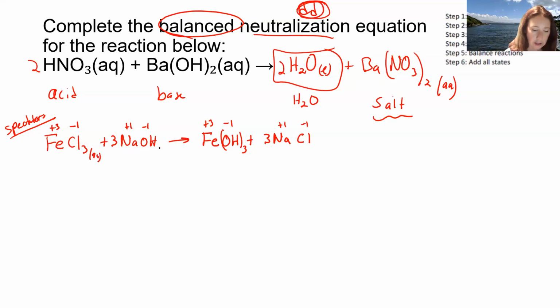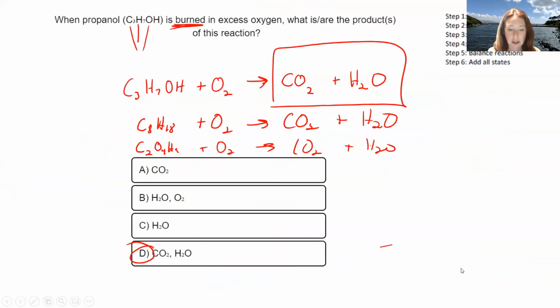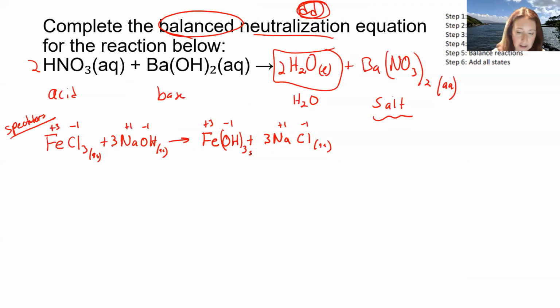So this is AQ, this is AQ. I know this one's AQ. Fe(OH)3, all hydroxides are insoluble except ammonium and alkali. So insoluble means that Fe(OH)3 is insoluble, which means it is a solid.